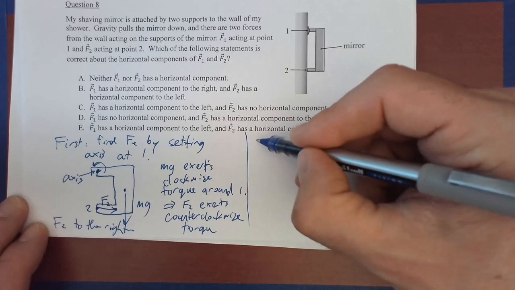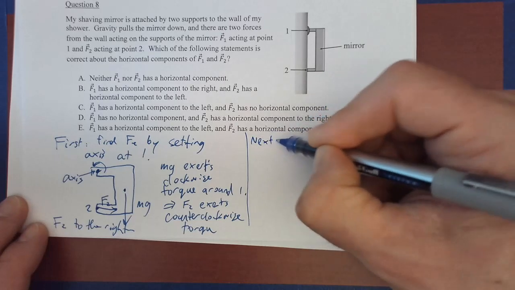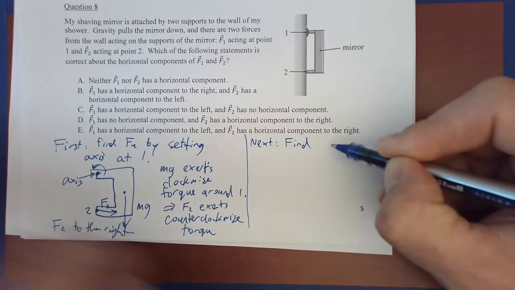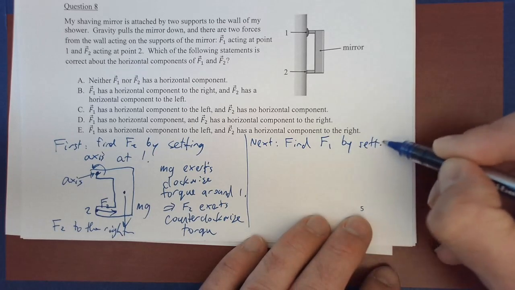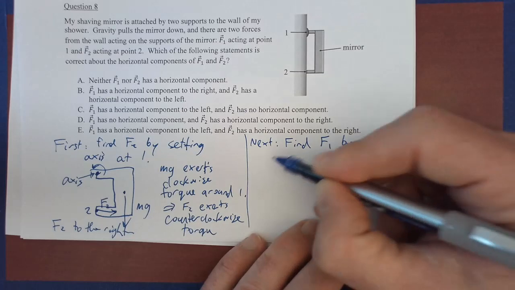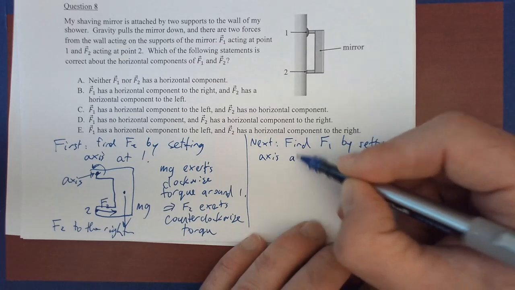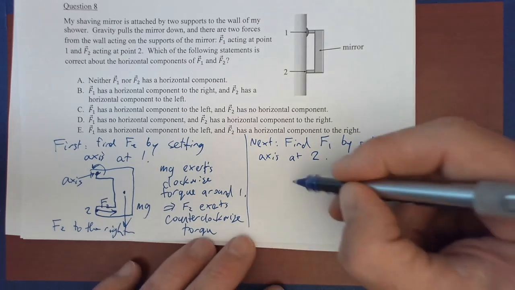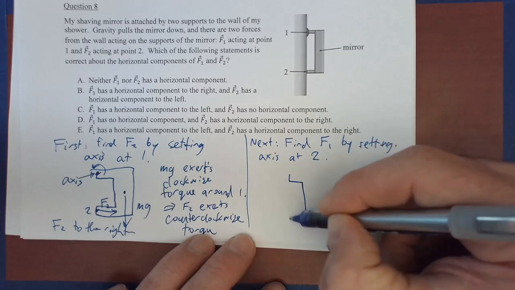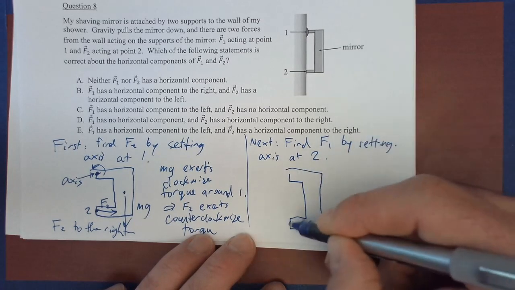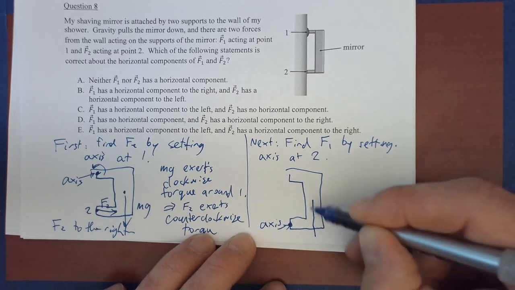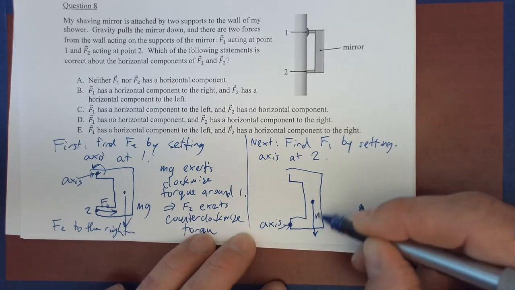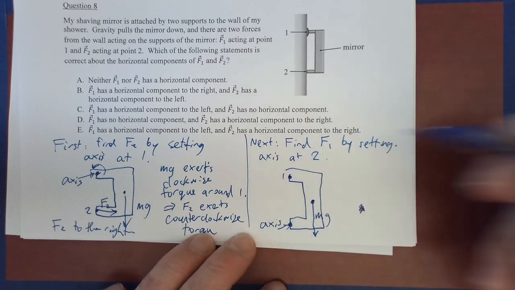And then next, find F1 by setting the axis at 2. So same thing. Here's your axis. Here's your mg, which pulls at the center of mass here. And here's your 1.